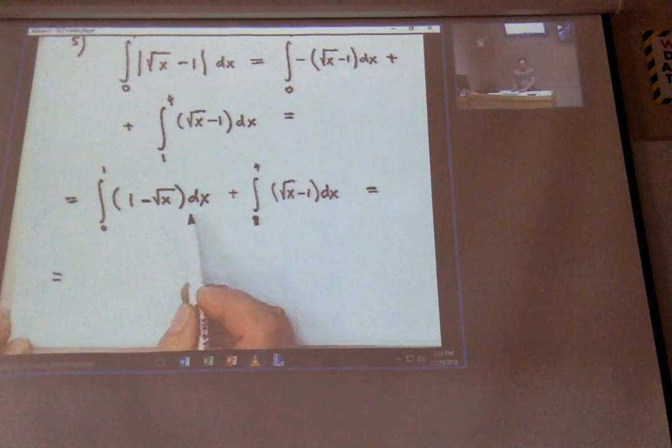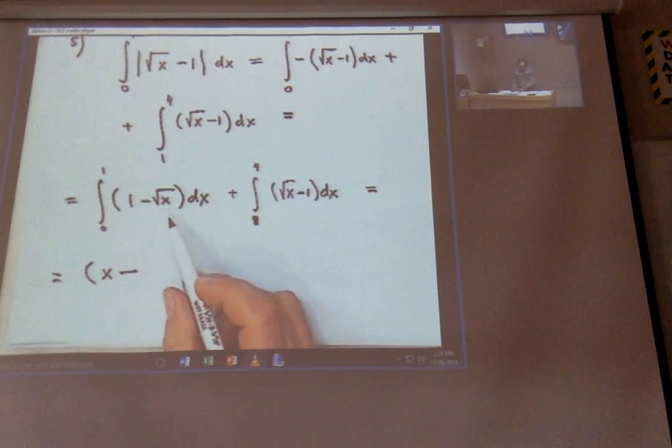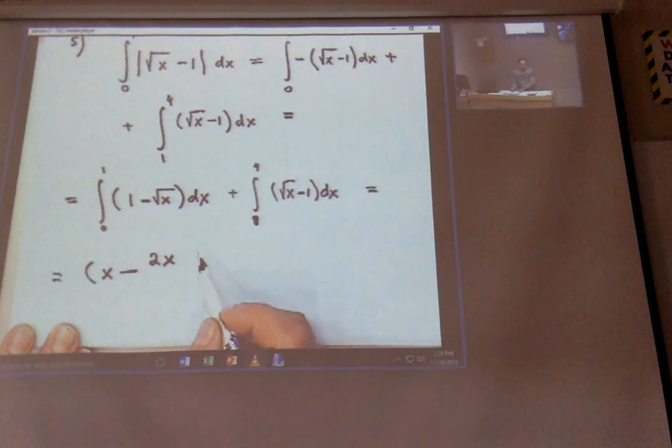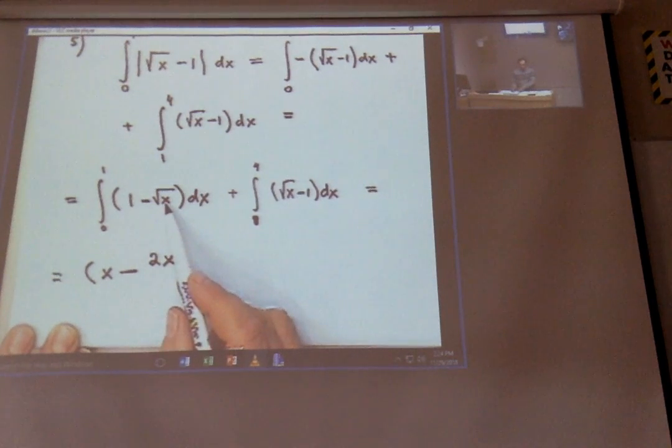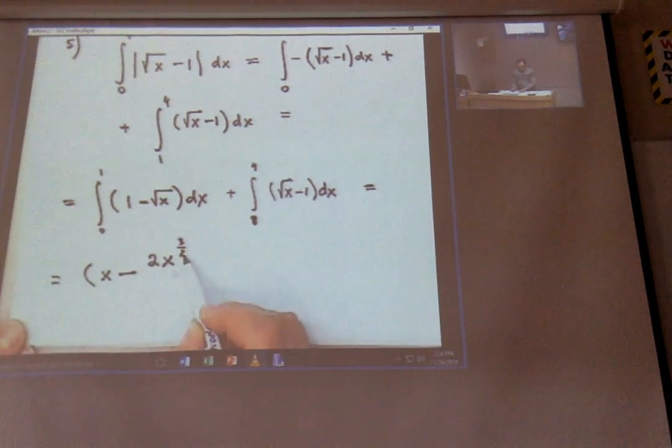So now it's easy to find the antiderivative. So I have x minus, and this is what? X to 1 over 2, right? So we'll have what? 2x to, well, it's x to 1 over 2, you have to add 1, right? So you get 3 over 2, and over 3.